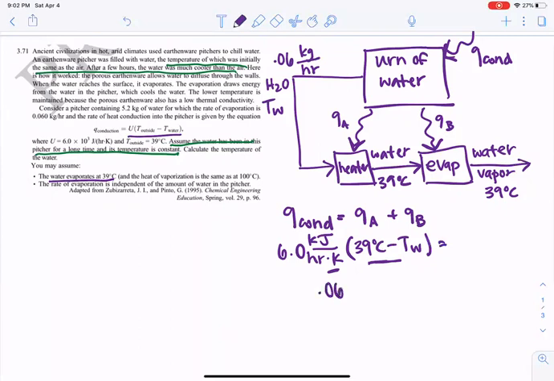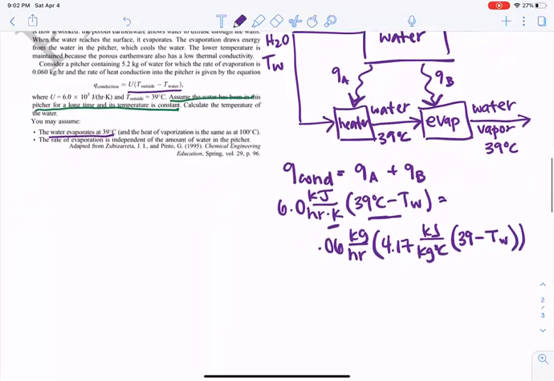So that's 0.06 kilograms per hour times the heat capacity of liquid water, which is 4.17 kilojoules per kilogram degrees C, times 39 minus T water. And then QB will be how much heat does it take to evaporate water? And so that will be also 0.06 kilograms per hour times 2280 kilojoules per kilogram.